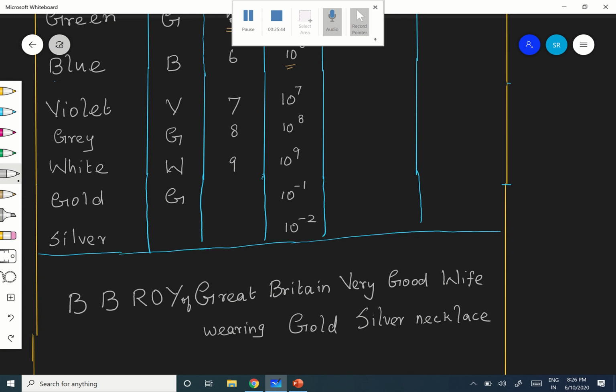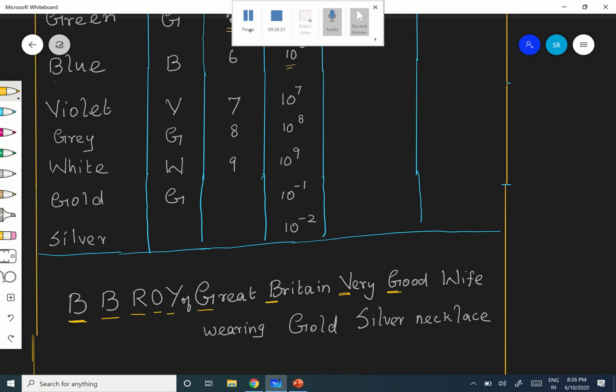Now I have to highlight B, B, B. First B, black, next B, brown. Roy: red, orange, yellow, in that order. Then Great, green. Then Britain, blue. Then Very, violet. Good, G, that is gray.